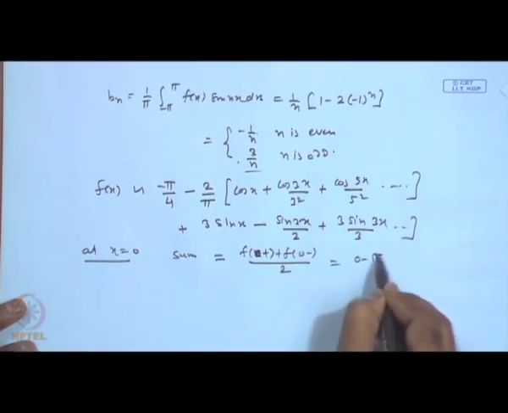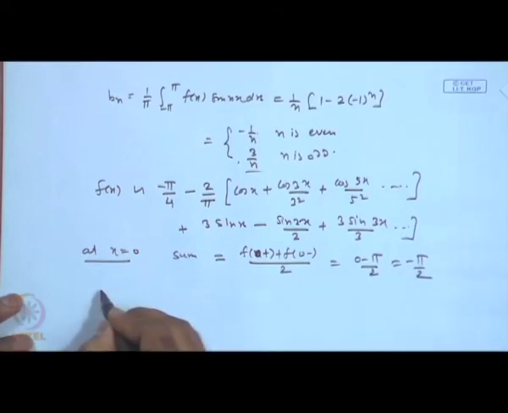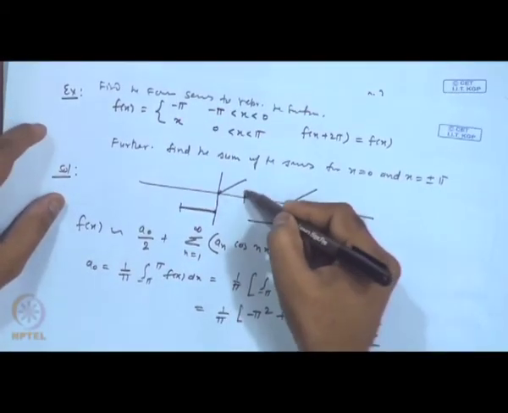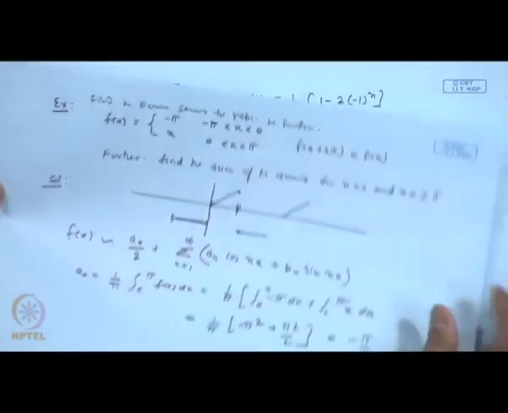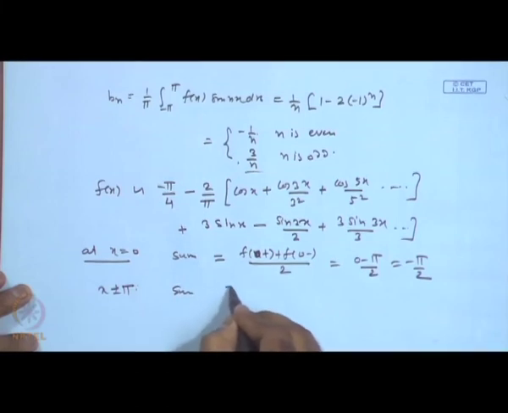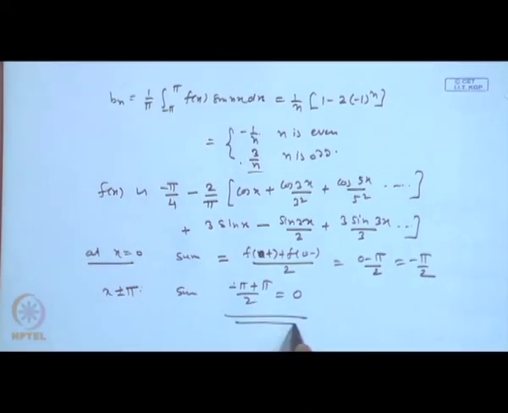So, we have 0 minus pi, so we have minus pi by 2, and same at plus minus pi. At plus minus pi we have again the pi and we have the minus pi. So, at these two points we have the plus pi and the minus pi by 2.